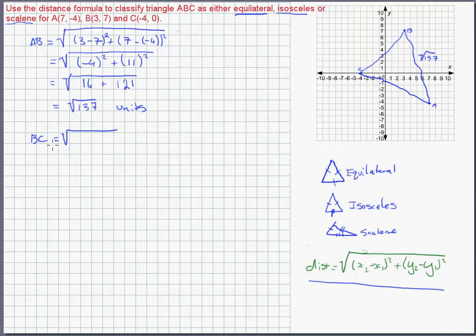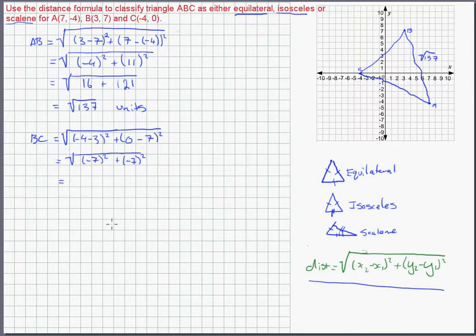So the x coordinate of C becomes our x2, and that is -4, minus the x coordinate of B, which is 3, squared, plus the y coordinate of our second point C is 0, minus the y coordinate of our first point B, which is 7, squared, which is the square root of negative 4 minus 3 is negative 7 squared, plus negative 7 squared.